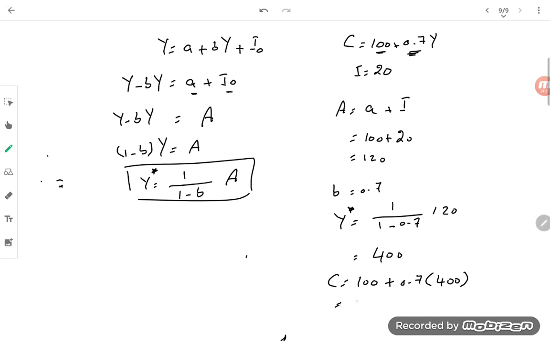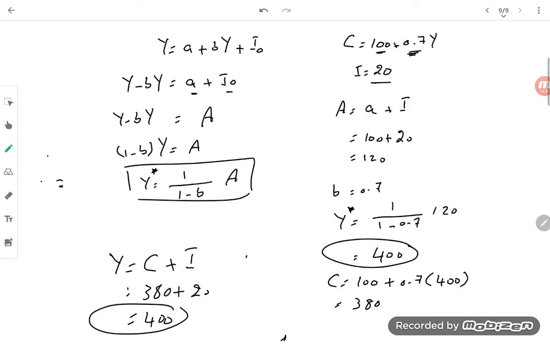So it will be 380. Returning back to the first equation, which states that Y equals C plus I, if you know that C is 380 and I is 20, income in this case will be 400, just like this one. So this is to make sure that this is the correct answer.